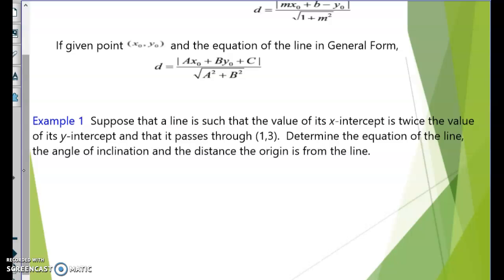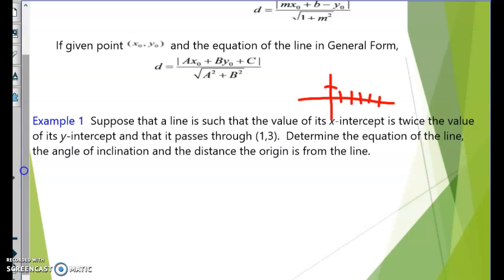So suppose that a line is such that the value of its x-intercept is twice the value of its y-intercept, and then it goes through the point 1, 3. Determine the equation of the line, the line's angle of inclination, and the distance the origin is from the line. Let's read that again: the x-intercept is twice the y-intercept. So if I'm at 2, I'm at 1.